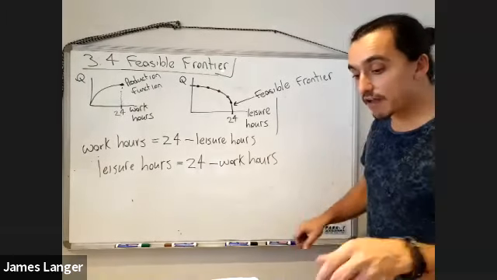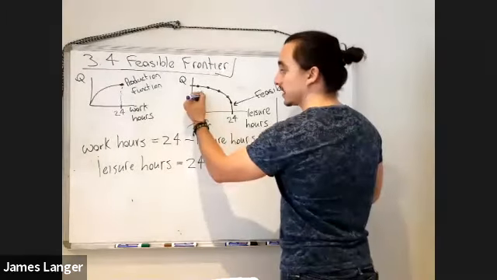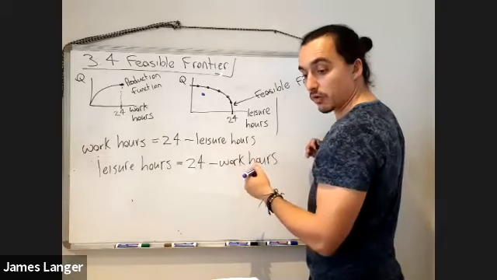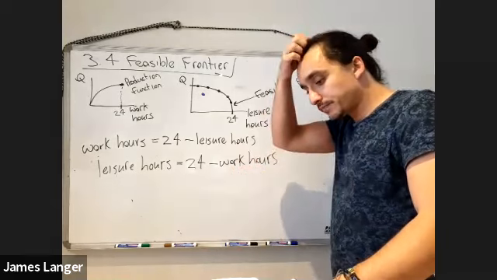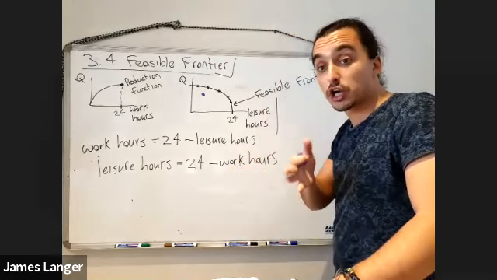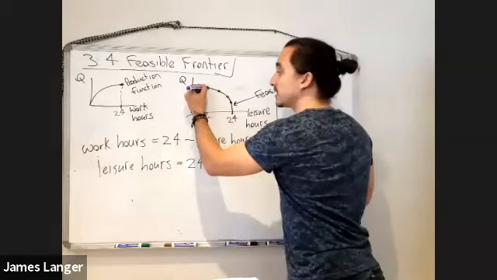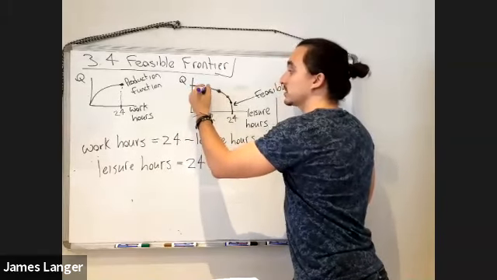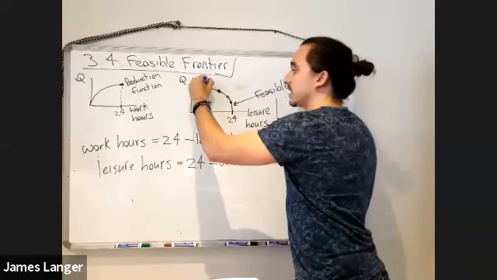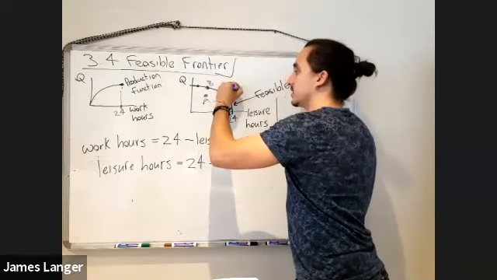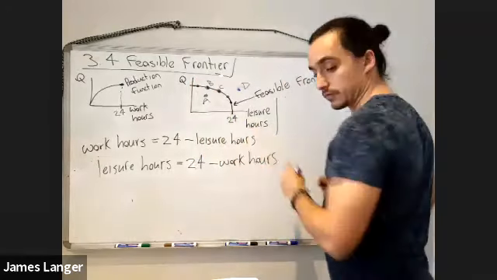Okay, now everything on the inside is feasible, but it's not optimal. It's not efficient. So we want to be sitting at points here. Anything on the inside, we're going to call A. B, C, and we're going to call that D. Okay?